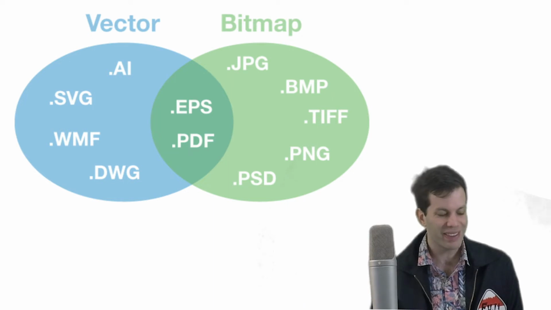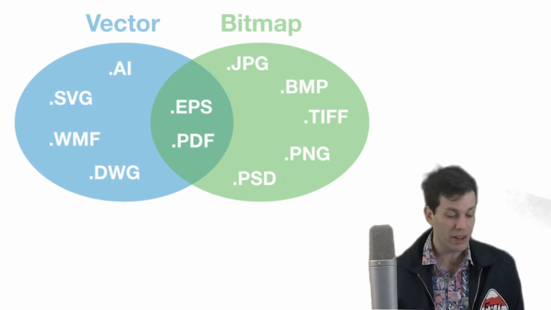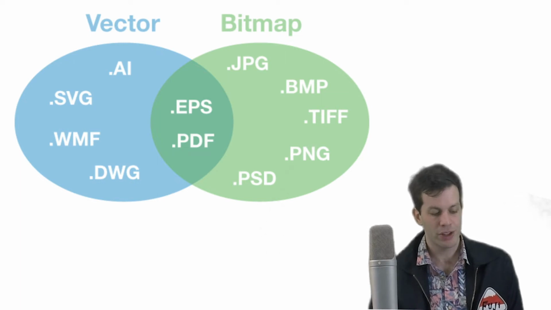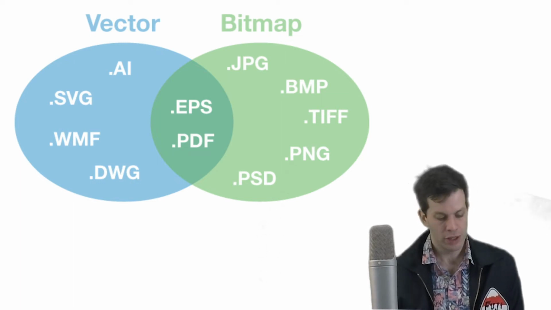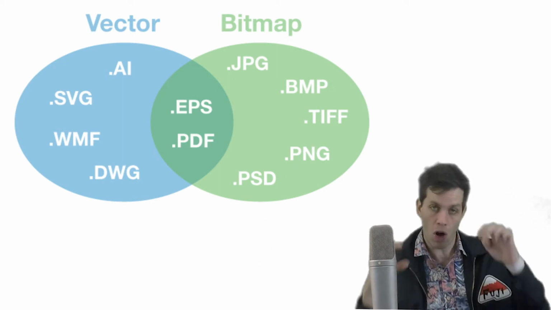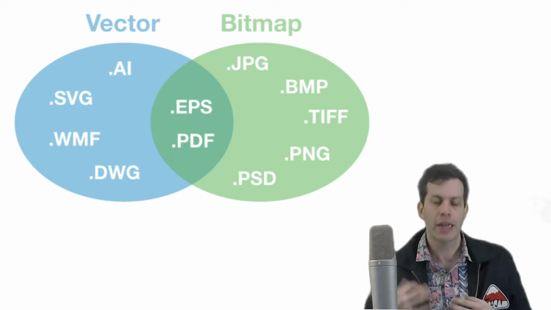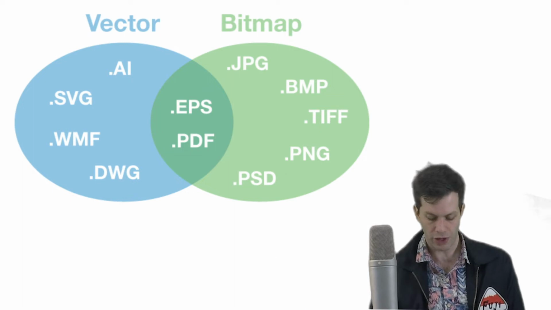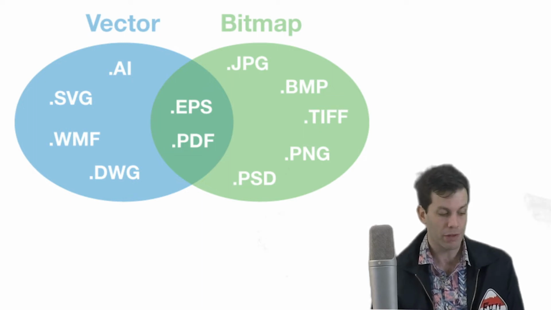There's also a thing called metafiles. Metafiles include both vector images and raster images. The object is still a vector, but the fill of that vector stroke can be a bitmap. Common ones are EPS files and PDF files.